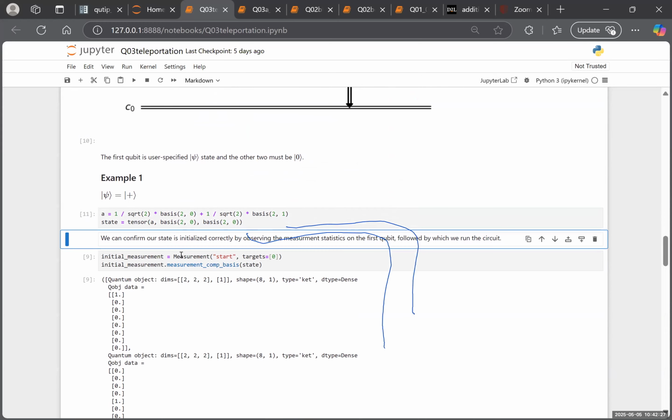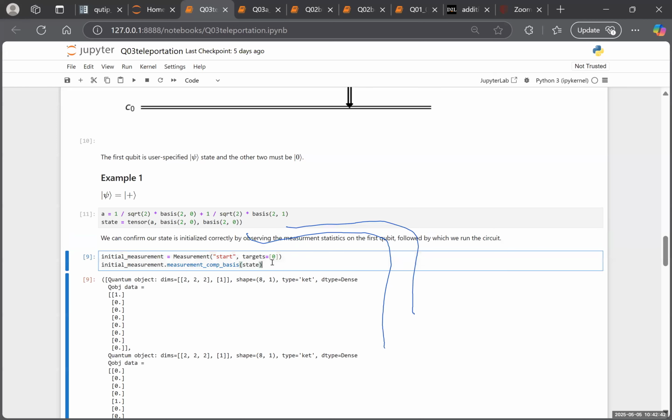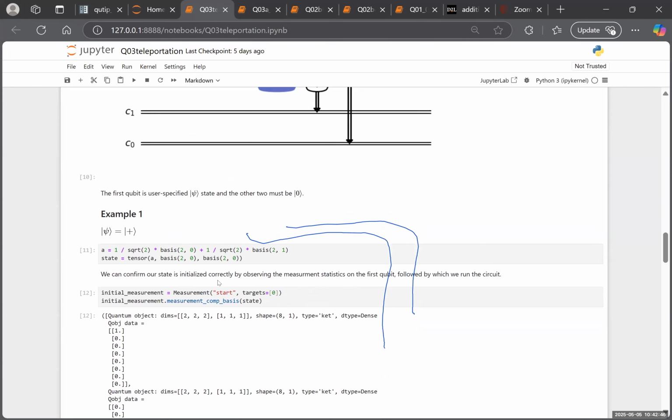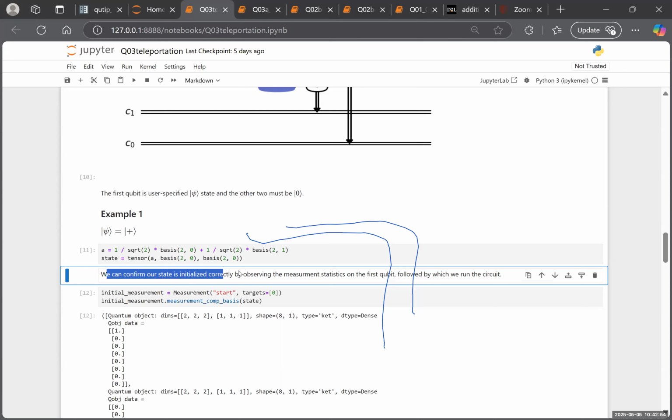And initial measurement. Sorry, target 0. Initial measurement. Okay, measurement in the computational basis. Okay, so we can confirm our state is initialized correctly by observing the measured statistics first.